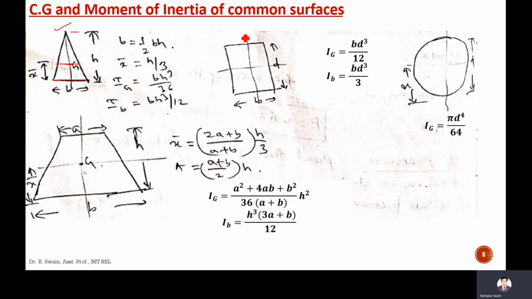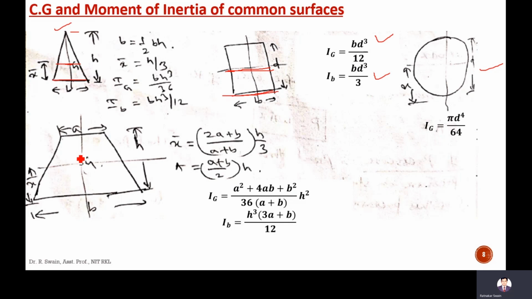For a rectangular surface, B into D, where B is the width and D is the depth, Ig will be BD cube by 12, and about the base it will also be BD cube by 12. For a circular surface, it is pi d to the fourth by 64.